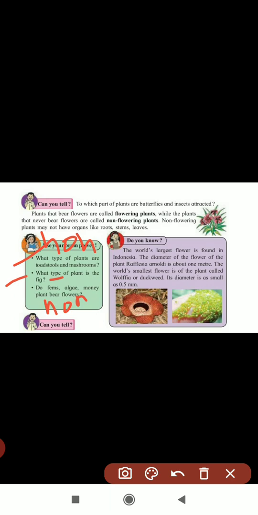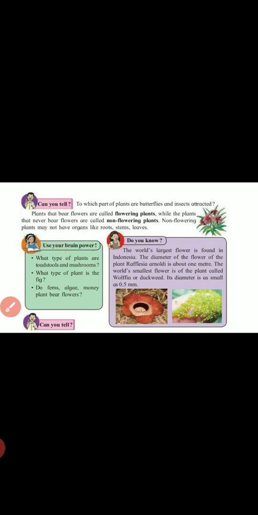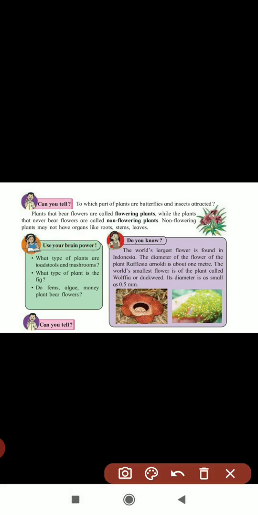I will show you the picture. Wait first, we will finish this and then show it. The world's largest flower is found in Indonesia. The diameter of the flower of the plant Rafflesia arnoldii is about 1 meter. See how big it is. And the smallest flower is of the plant called Wolffia or duckweed.